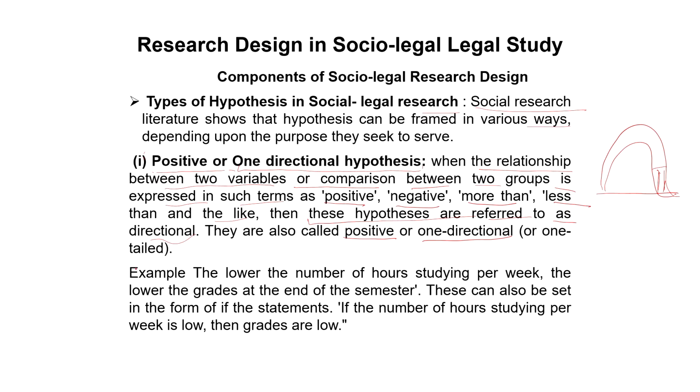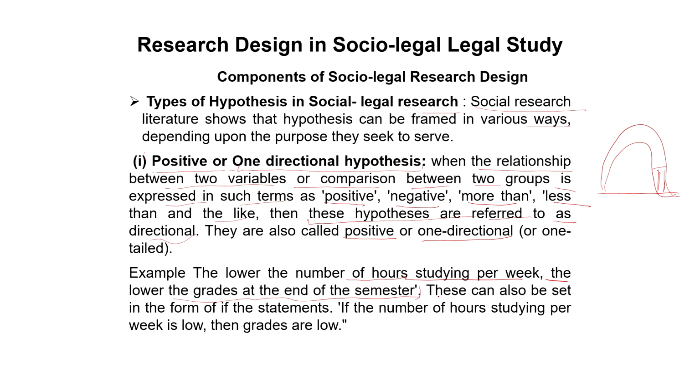So, this example on the screen: the lower the number of hours studying per week, the lower the grade at the end of the semester. I am reading this statement again. The lower the number of hours studying per week, the lower the grades at the end of the semester.